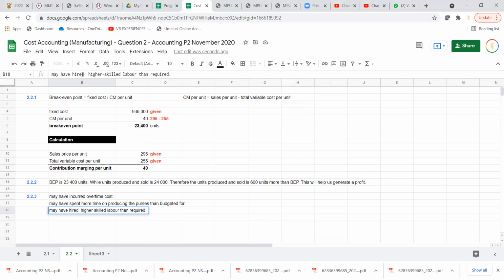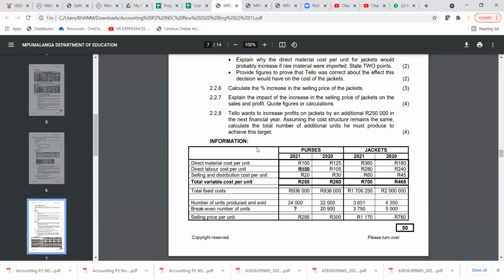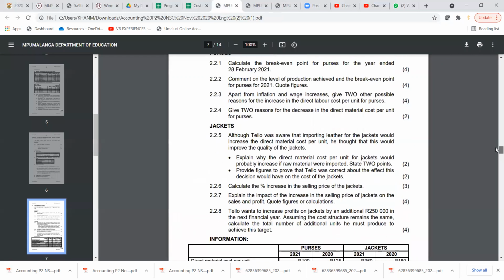The higher skilled the labor, the higher the cost. Any of these will give you 2 marks each. I'm only writing 3, but there may be many other reasons. Okay, so that is 2.2.3.